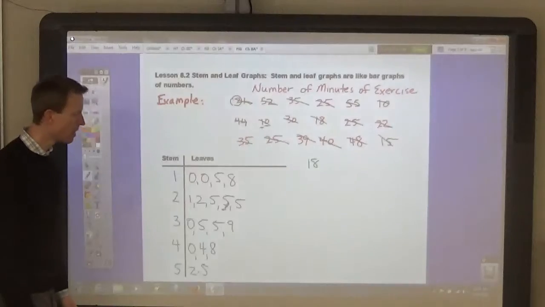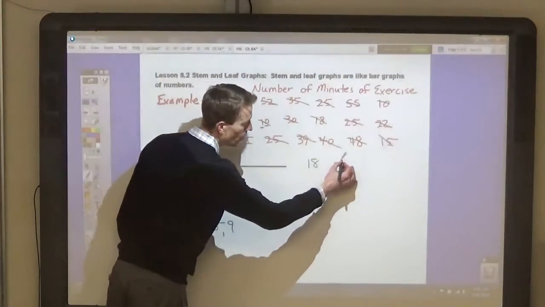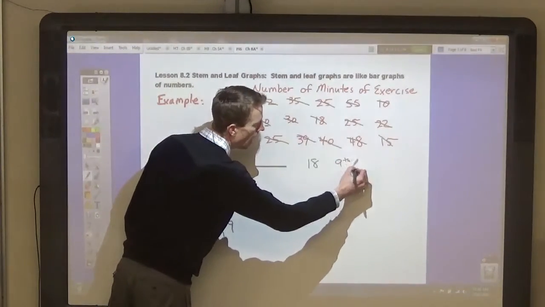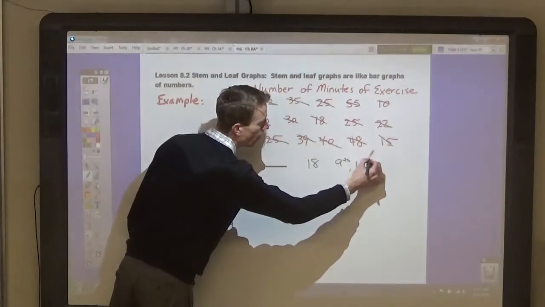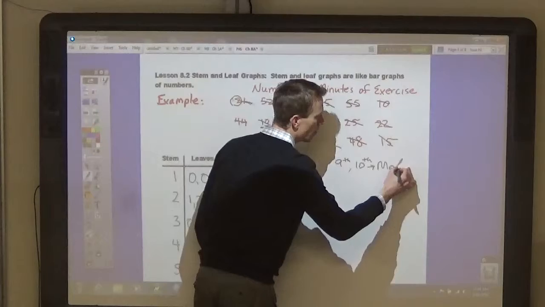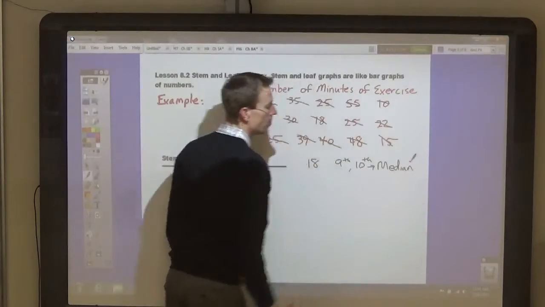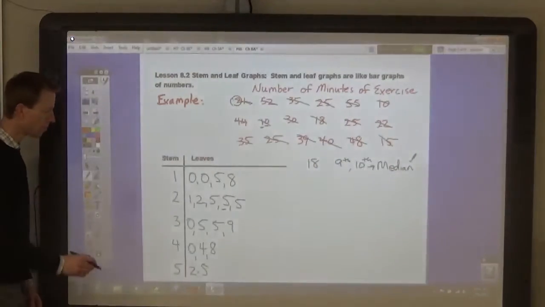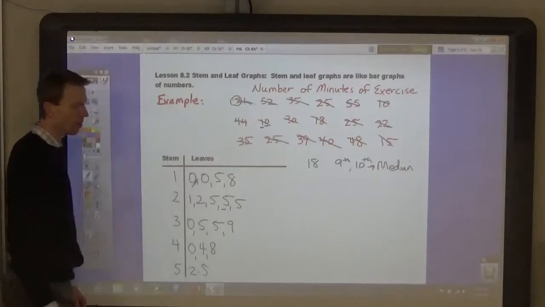So it's the 9th and the 10th. Between the 9th and the 10th would be the median.